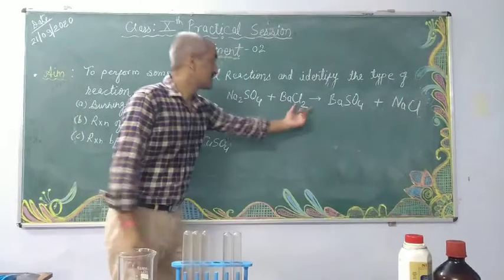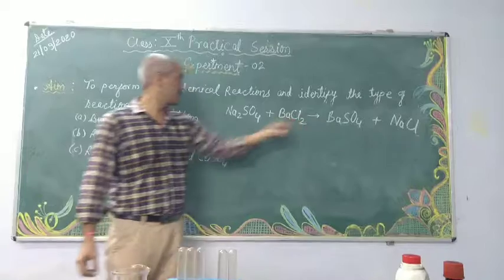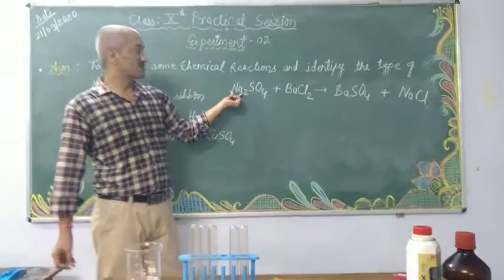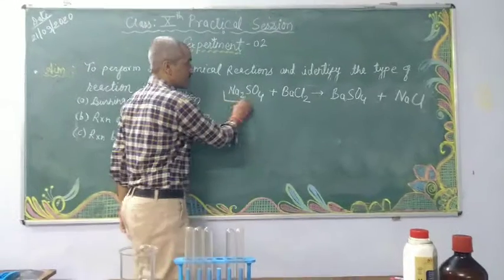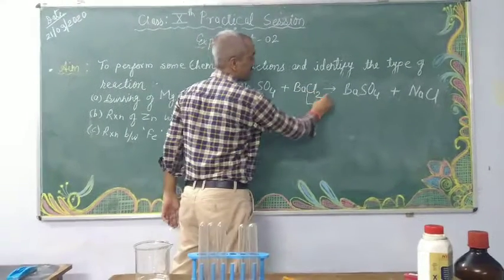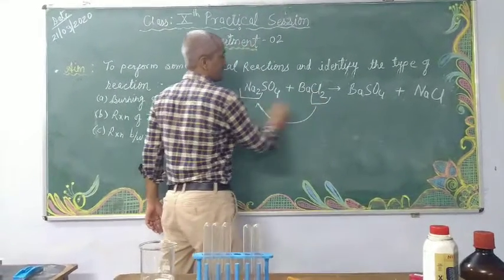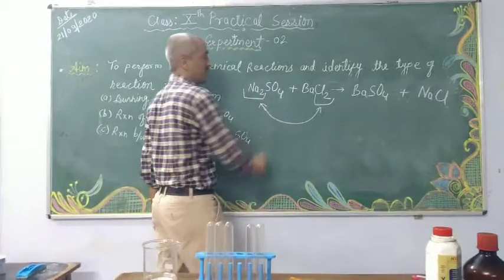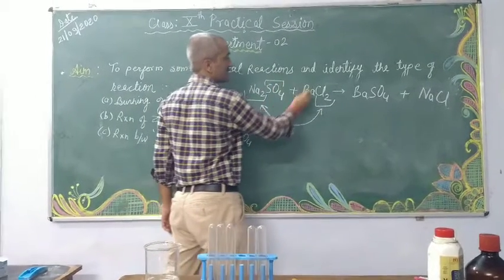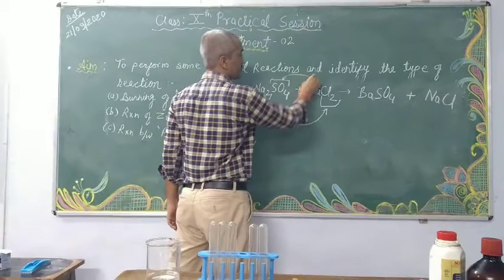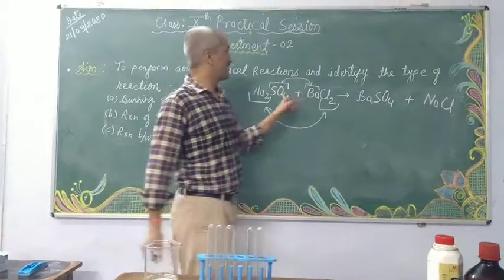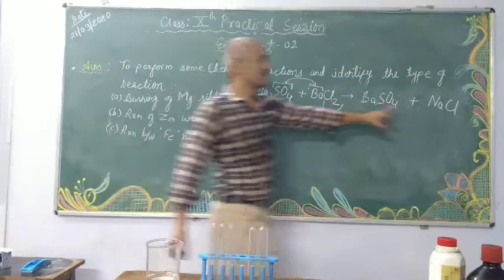So what happened? This chlorine Cl part binds with sodium. So NaCl has been formed. This part binds with this part. Got it? These two will bind with each other, and this sulfate part binds with this barium. So barium sulfate and sodium chloride have been formed.